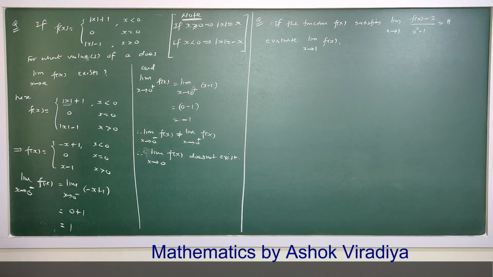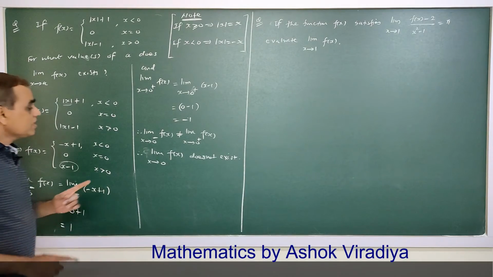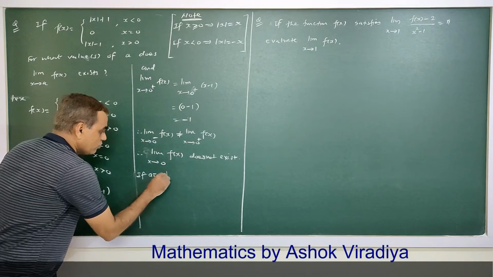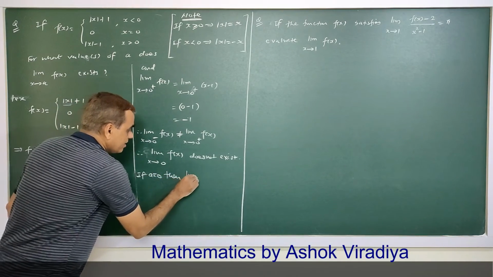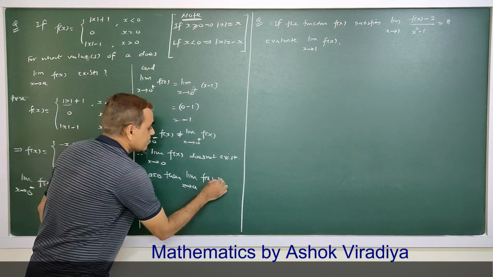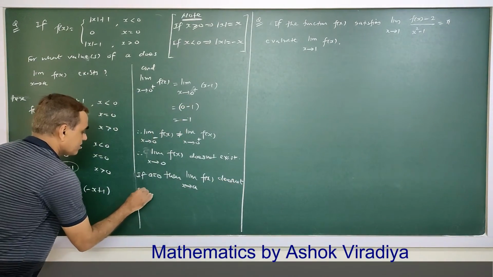Limit does not exist at 0. So this was the discussion at 0. So here, if a is 0, then limit of f(x) as x tends to a does not exist.